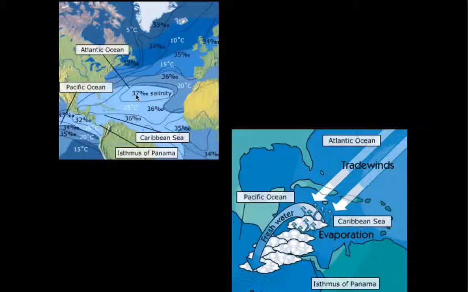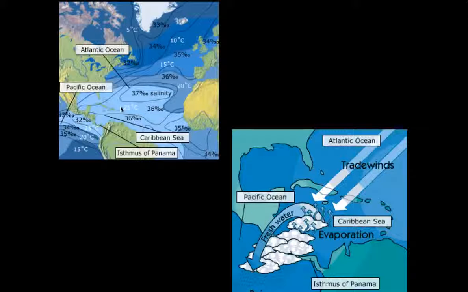So you end up with 3.7% or 37 parts per thousand salinity here, and on this side down to 32 parts per thousand. I know this is weird, but going from 32 parts per thousand to 37 parts per thousand, that's a change of 5 out of 32, so that's about a 16% difference right there. That's a really big difference, and it affects the sea life, the coral, everything that's in that area. And yes, coral is sea life.